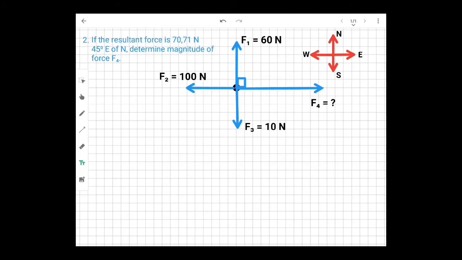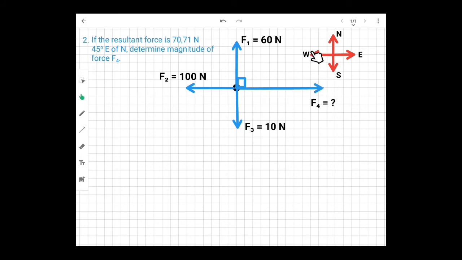In this diagram, we're given another system of forces that are acting, and we are told if the resultant force is 70,71 newtons, 45 degrees east of north, determine the magnitude of force F4. So here is force F4. I can clearly see that these forces are acting perpendicular to each other.